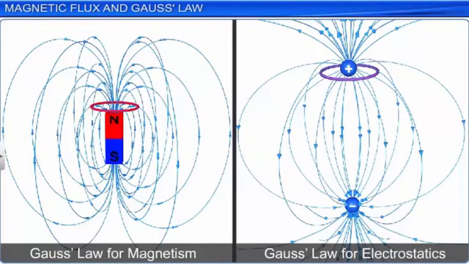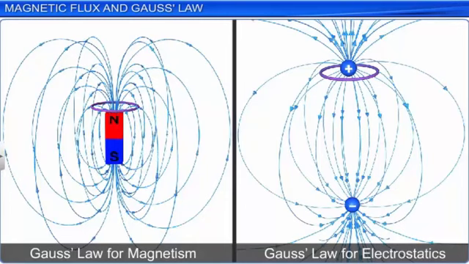In case of an electric dipole, the electric field lines begin on the positive charge and end on the negative charge. That is, the electric field lines are not closed loops. They are open curves.